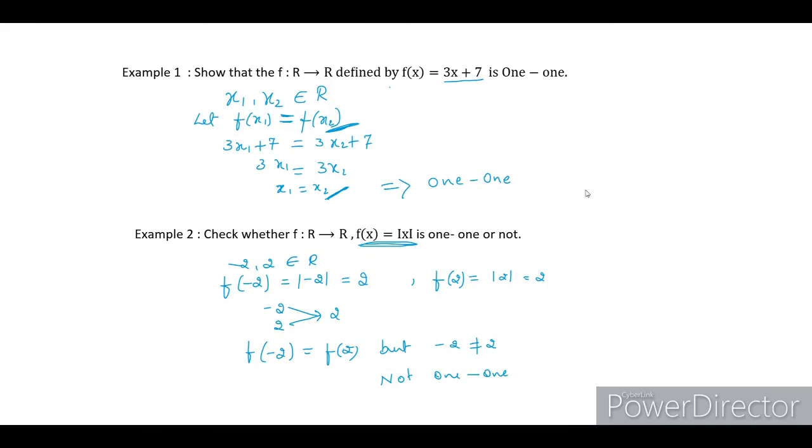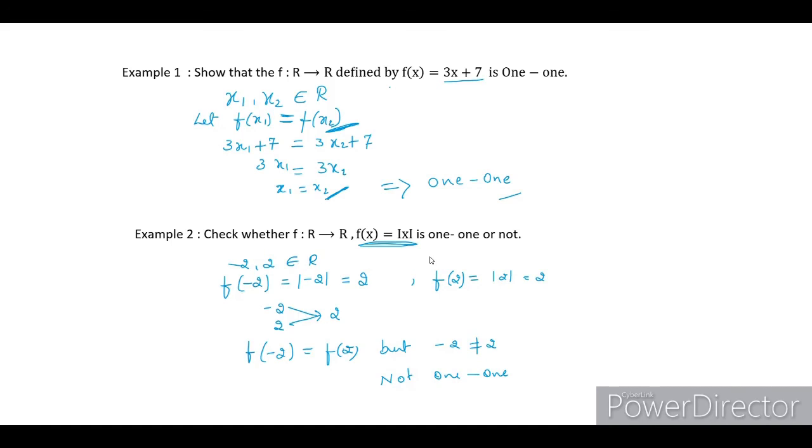Students understand here, we had to prove that this is a 1, 1 function. We always have to prove in general, that is x1, x2, y, a, b, c. We have to take the elements in general and prove. But when you have to disprove something, as in the second example, where we are trying to disprove that this is a 1, 1 function, you just give an example.